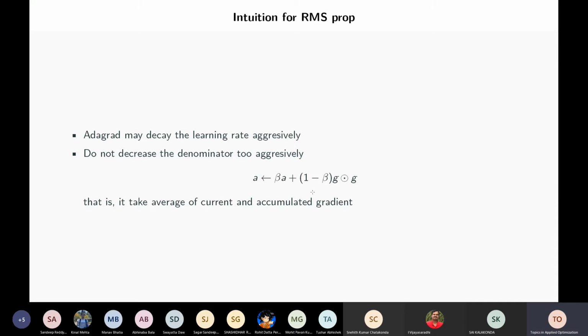AdaGrad may decay the learning rate aggressively, so do not decrease the denominator too aggressively. That is the reason why this was included. So you rather use the weighted acceleration.